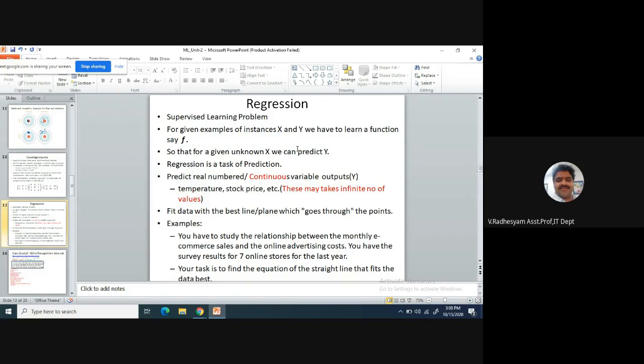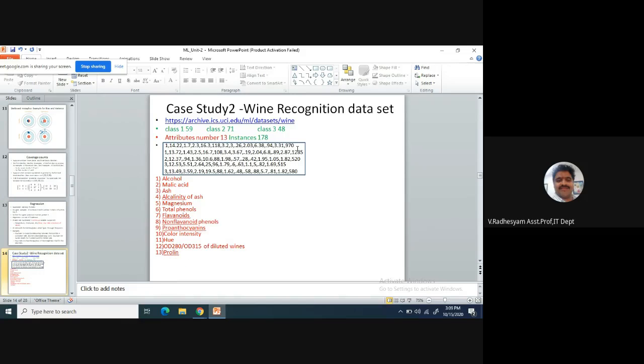Give an example of instances x and y. You have to learn a function f such that given unknown x, we can predict y. Here also you are able to fit the line. Here the case study 2, it's a wine recognition data set. It is purely for laboratory purposes.